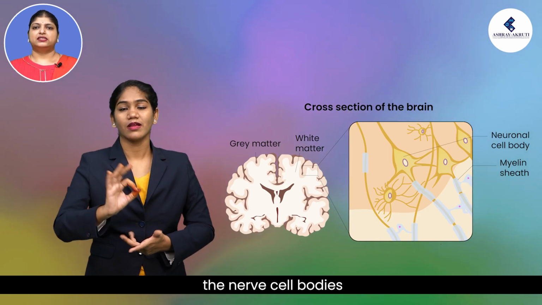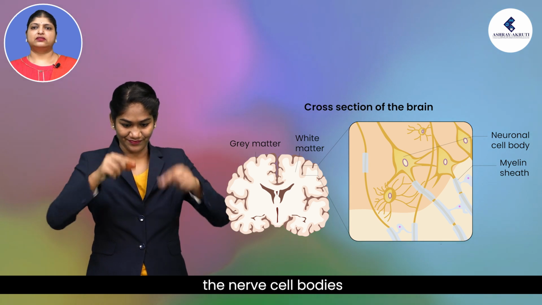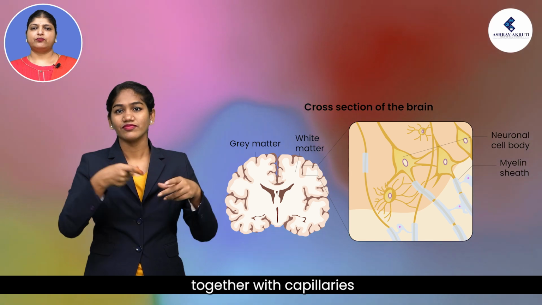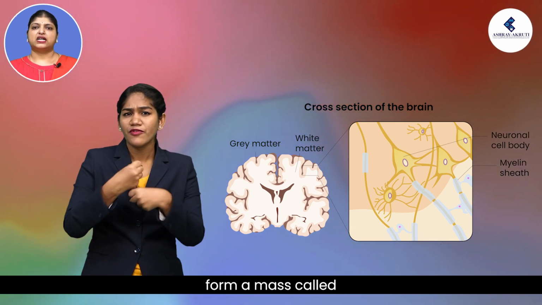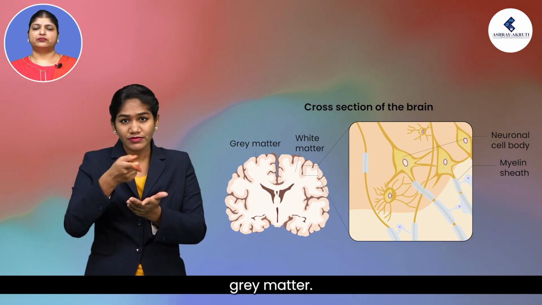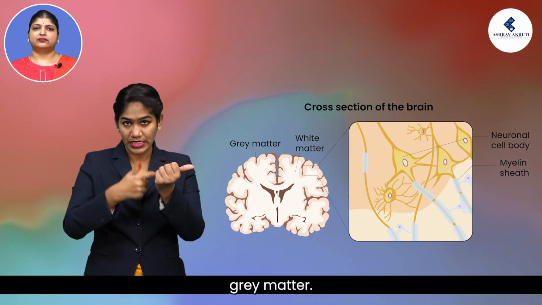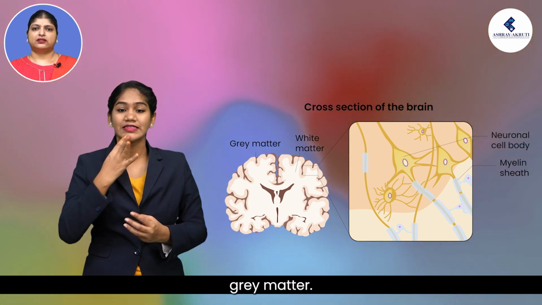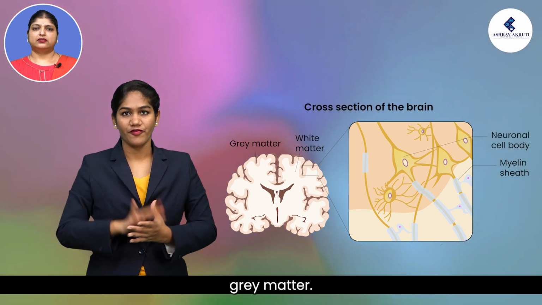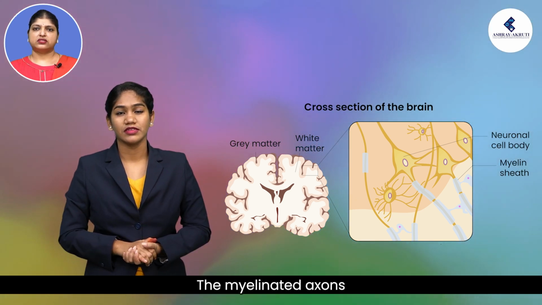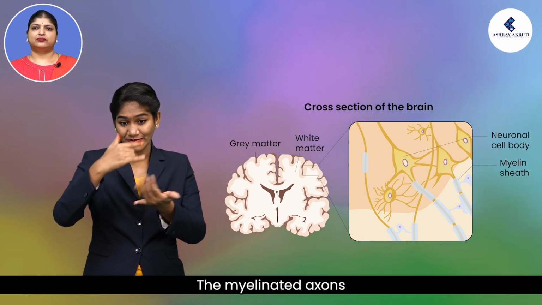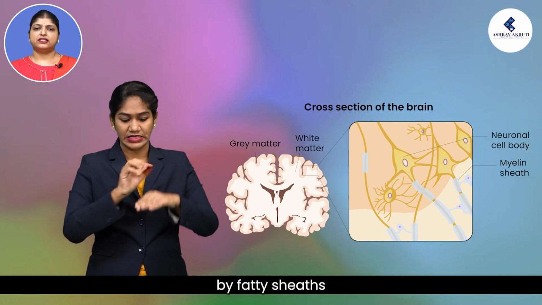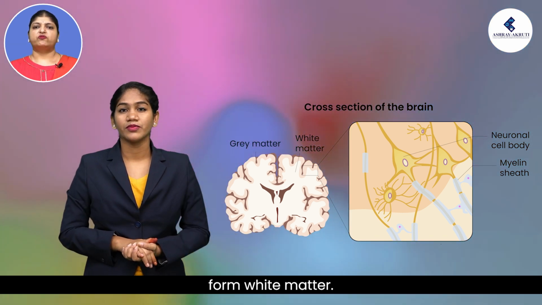Mainly, the nerve cell bodies together with the capillaries form a mass called grey matter. The myelinated axons, or those covered by fatty sheets, form white matter.